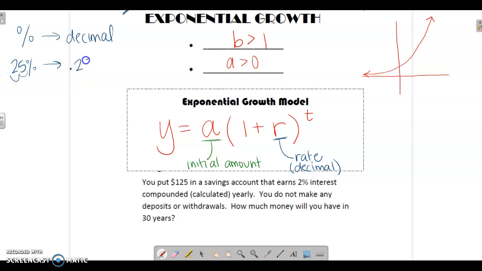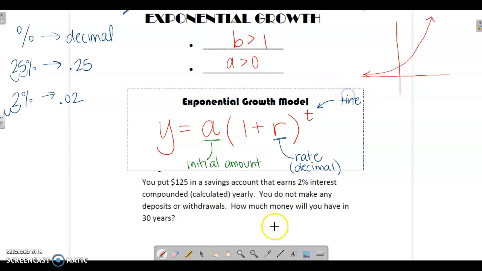So 0.25 would be your decimal. If you had 2%, you move it 2 spots to the left, that would be 0.02. Okay, so this R is your rate that's given to you as a decimal, and then T is going to be your time, and typically we give that in years.